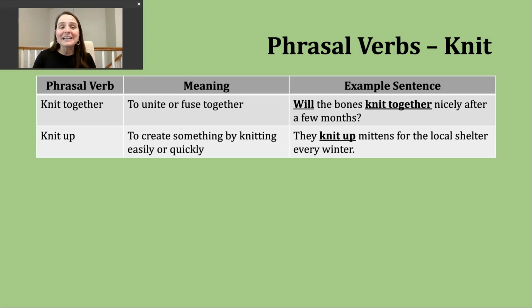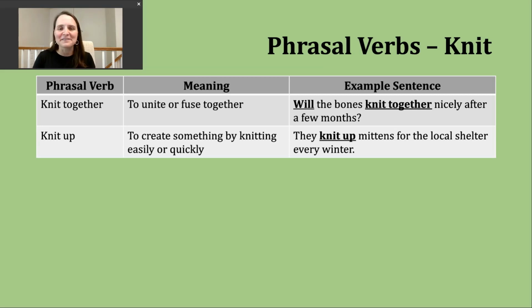Another phrasal verb you might hear is knit up. So it ties back to our first meaning of using needles to make this interlocking pattern. But knit up implies that something is being done very easily or perhaps very quickly, maybe both.